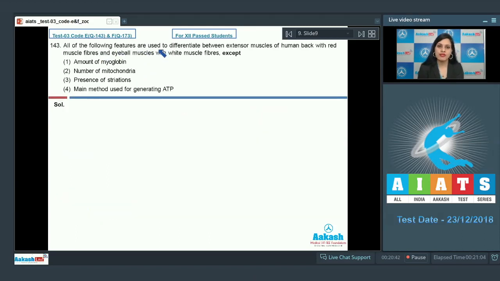All of the following features are used to differentiate between extensor muscles of the human back with red muscle fibers and eyeball muscles with white muscle fibers except. So you need to find out which option doesn't differentiate between red muscle fibers and white muscle fibers.